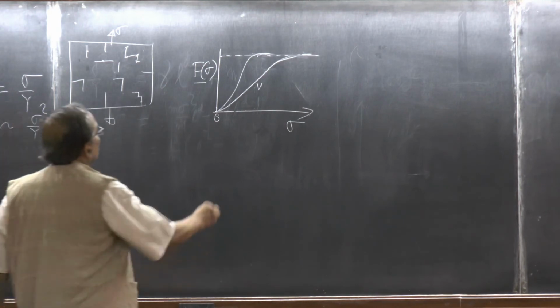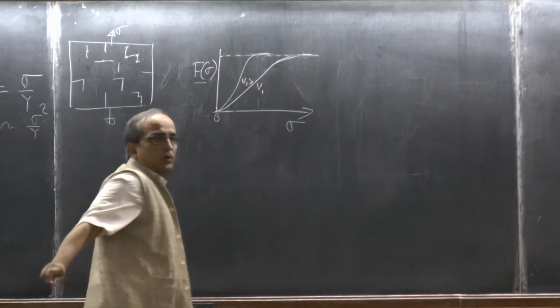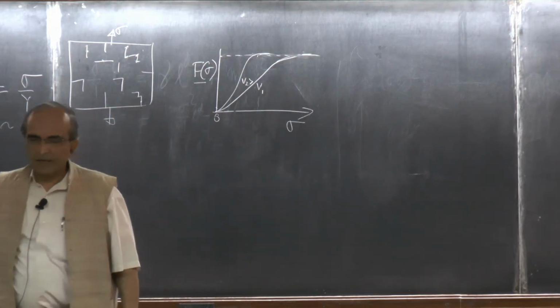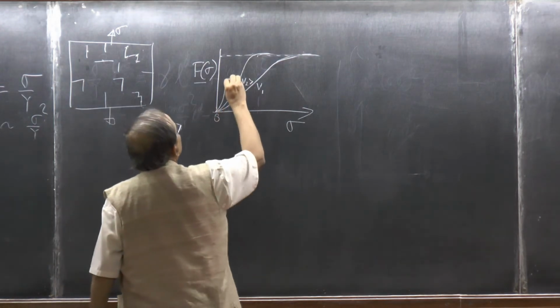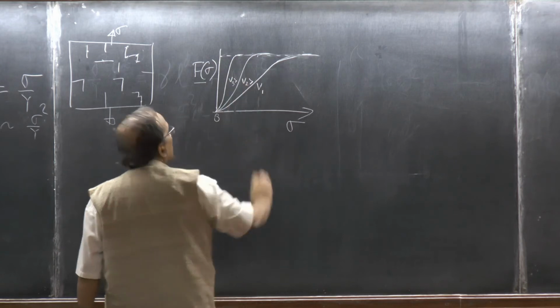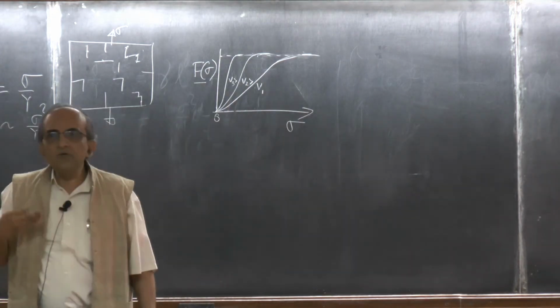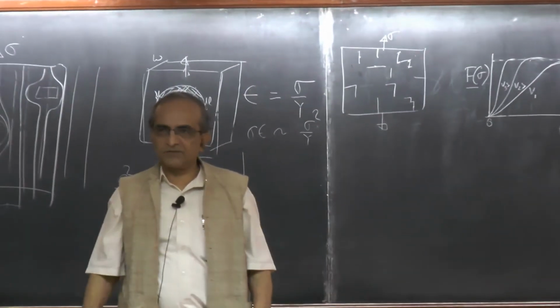If this is V1 and this is V2, V2 is greater than V1. What does it mean? If it is really true, then in the infinite size limit, the system just falls apart under any stress.